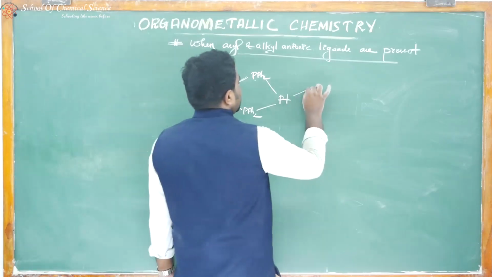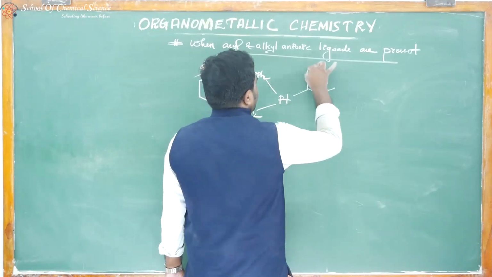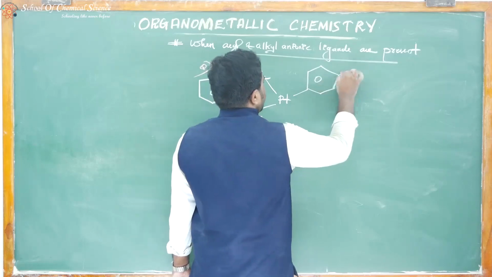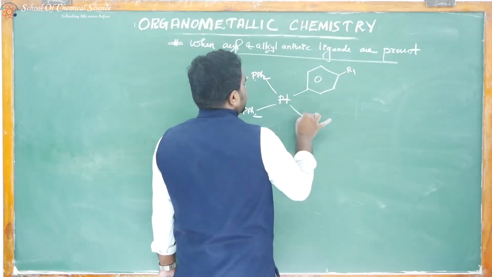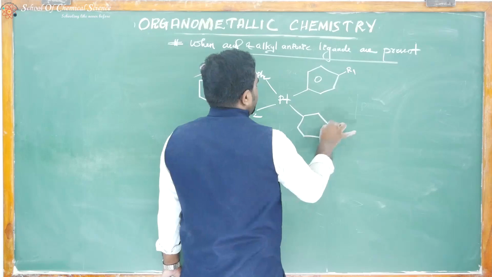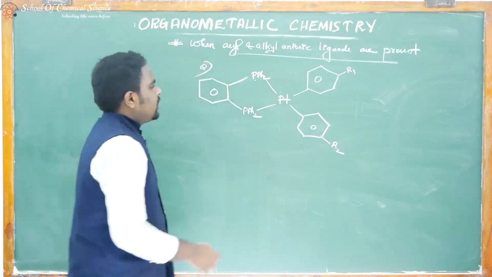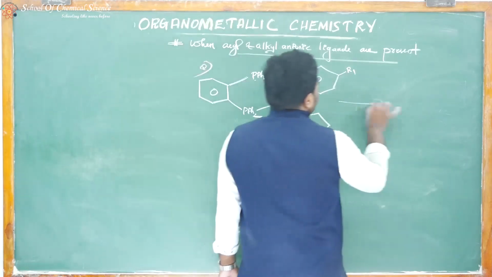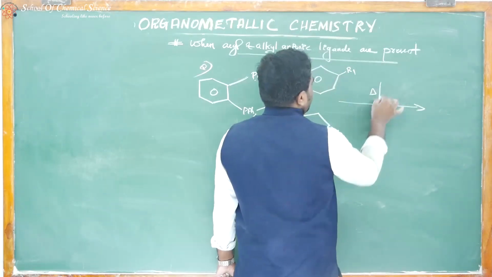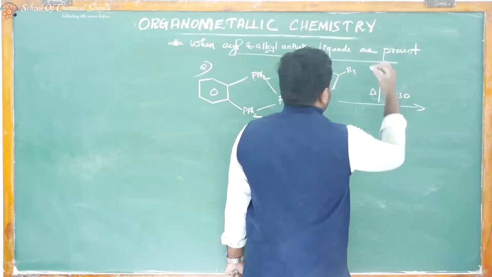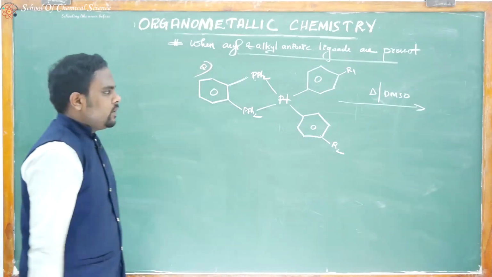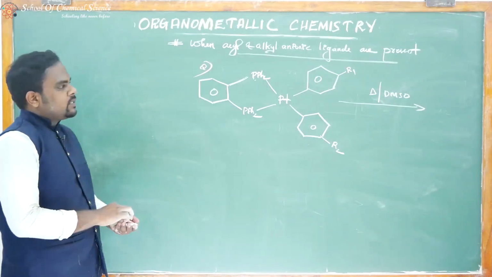And here an aryl group, sp2. Here a substituent R1 is there. Here another aryl group, here a substituent R2 is there. So heating in the presence of a DMSO type solvent. Clear?